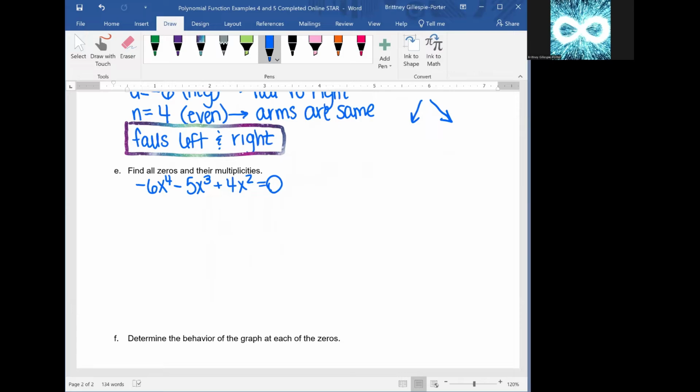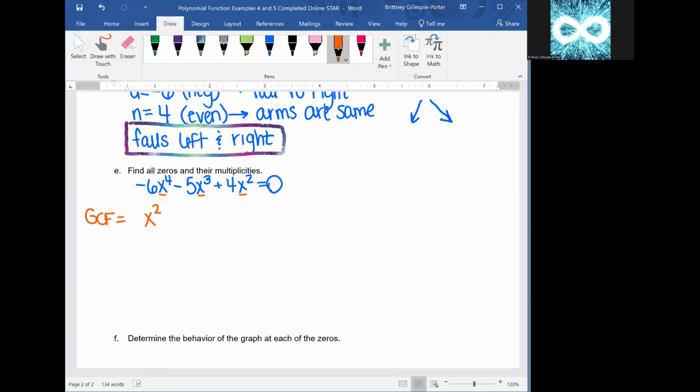We have a polynomial, and if we look at this polynomial, there is a GCF because each of the terms has an x, which means there's going to be at least an x in my GCF, my greatest common factor. I'm going to take the lowest exponent, which in this case is 2.